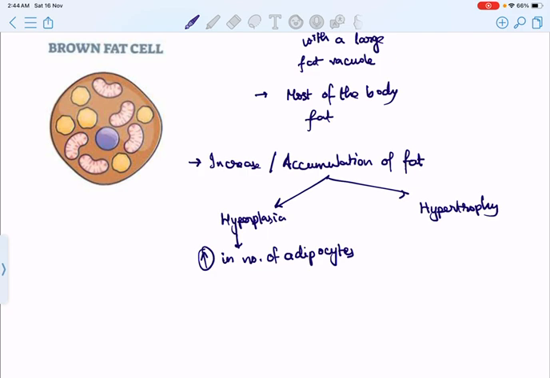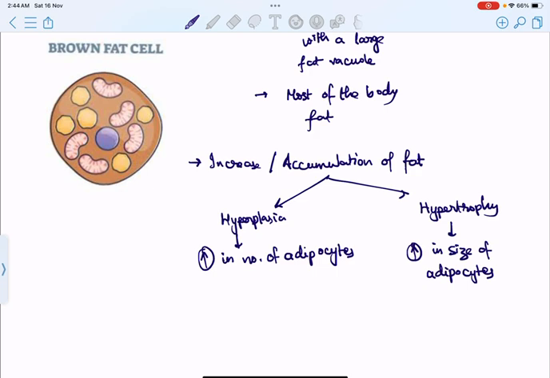Like if there is an increase in epithelial cells, then it may be an epithelial hyperplasia. Here we have the increase in adipocytes, that's why it's a fat hyperplasia. And hypertrophy is the increase in size of adipocytes.